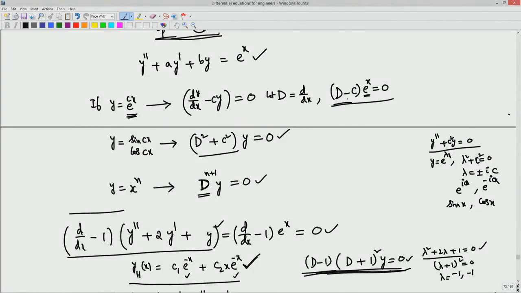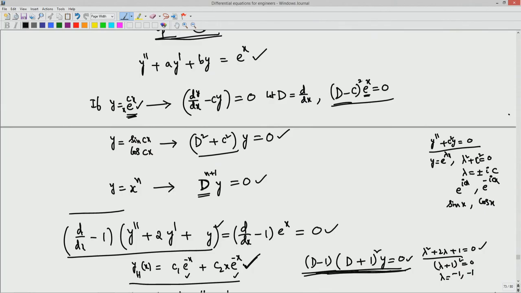Okay. So we will do some more problems. Before I do that, you have seen these are the annihilators if the right hand side is e power cx. If you have x into e power cx, what is the annihilator?